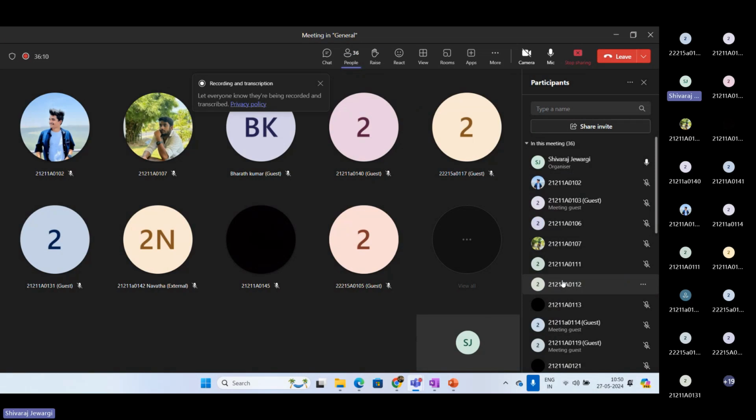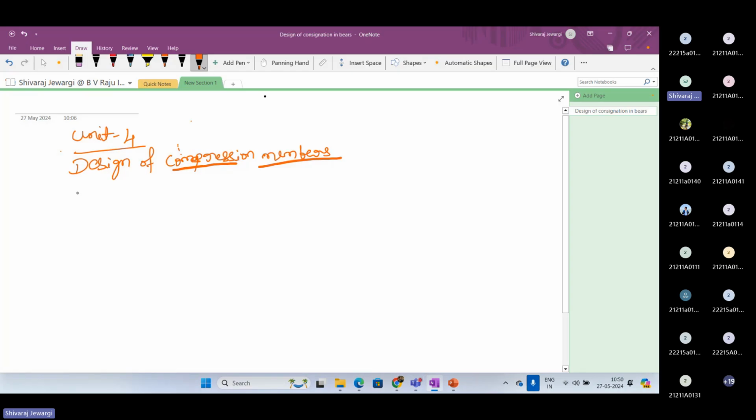It is the same as a tension member, but the members are subjected to a compressive load.